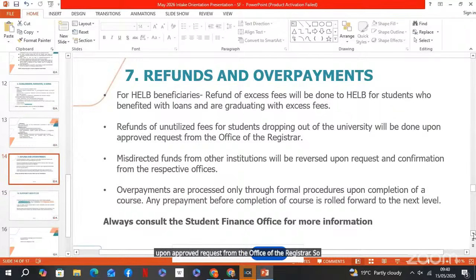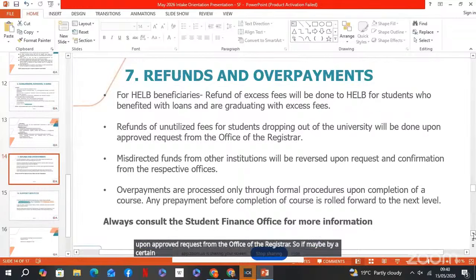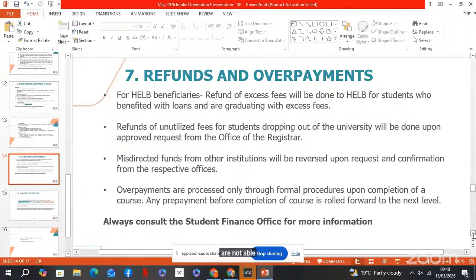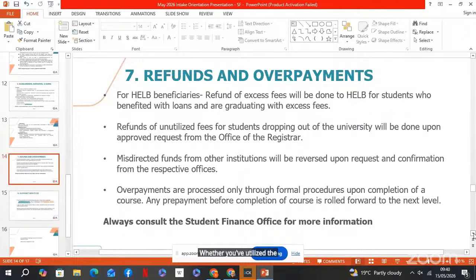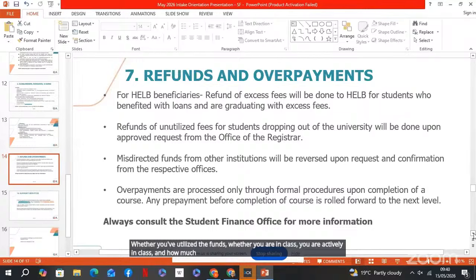So if by a certain circumstance or unavoidable circumstances, you are not able to continue with learning, and you need your fee to be refunded to you, you have to make a request to the Office of the Registrar so that they can confirm whether you are actively in class, and how much of the fee you have utilized, so that we are able to get a figure that should be refunded to you.